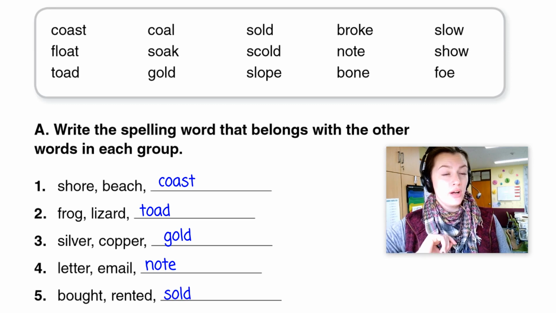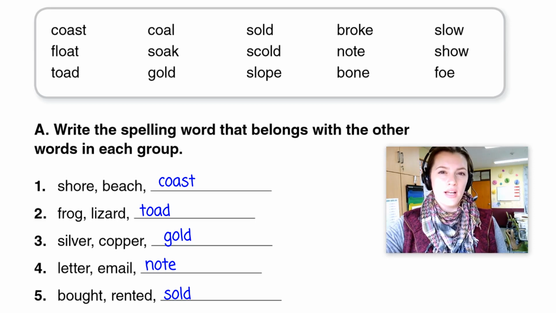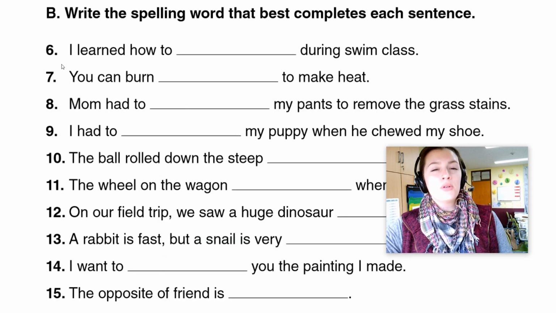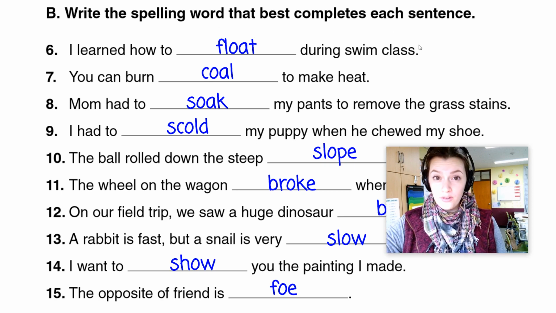Change your answers if you got them wrong, if you're coming here to check. And if you're doing it with me, pause your video, make sure you have good handwriting as you copy down these answers. Okay, I'm going to move on. Number 6, I learned how to float during swim class. Do you know how to float?